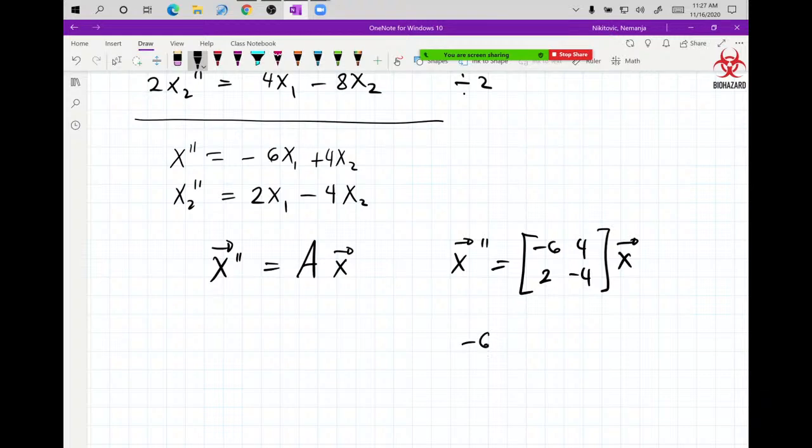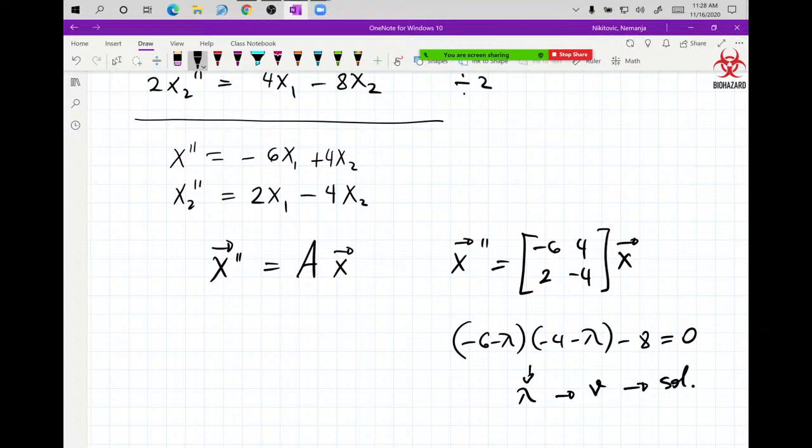You go your negative 6 minus lambda times negative 4 minus lambda minus 8 is equal to 0. Get your lambdas, get your vectors, right? So this gives lambdas, then you get your vectors, then you get your solution. There is no difference in solving. This is, again, application of the whole system, and it's for mechanical cases.